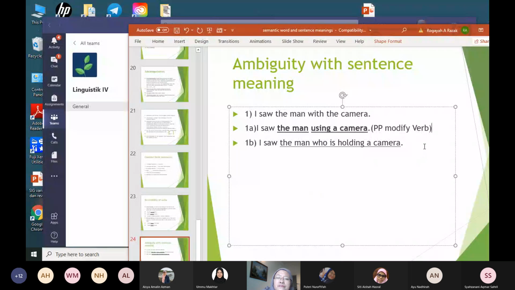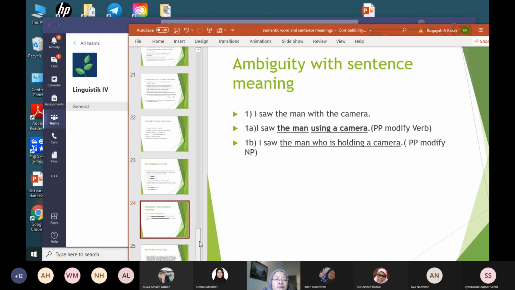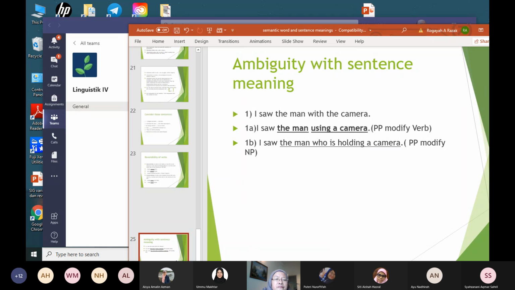I saw a man who's holding a camera. PP modifies the noun phrase, the man. This is an ambiguous sentence. I think we've mentioned this a lot of times. We draw trees even, so I think you understand. Okay. Put it here.